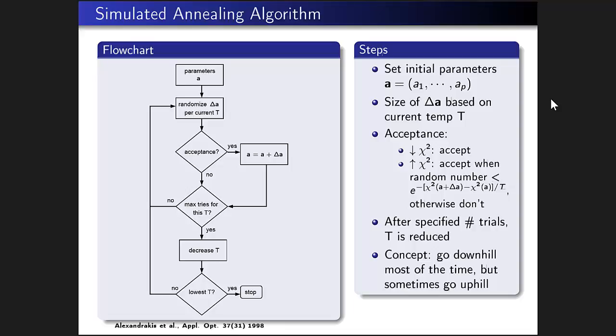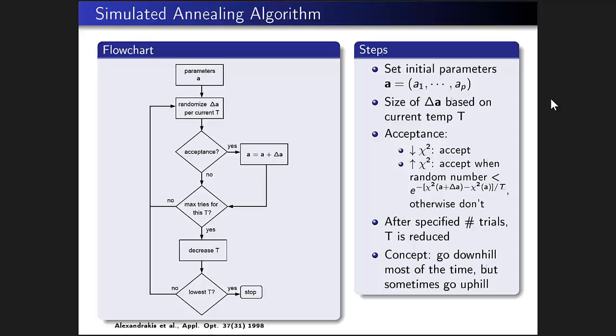So you determine it based on this temperature T, and if you decreased your chi-squared with that update to the parameters, then you accept and you move to that location, A plus delta A. But if you increase the chi-squared value, then there's this probability function that sometimes you accept.